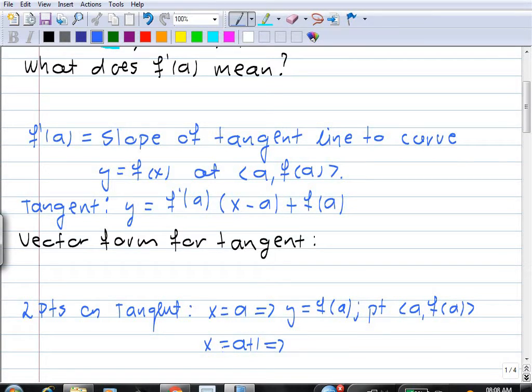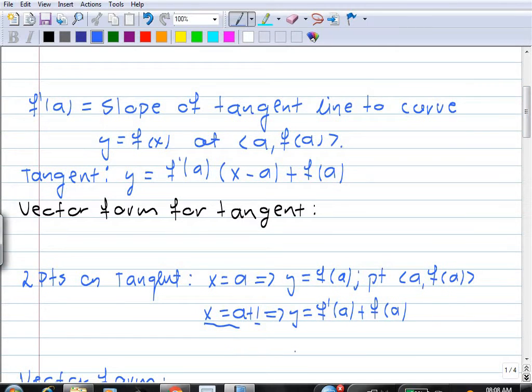So we get a point on the line, a, f of a. Now we can substitute any other value for x into the equation to get another point on the tangent, and we pick the value x is equal to a plus 1, right? And then we get y is the derivative of f at a plus f at a.